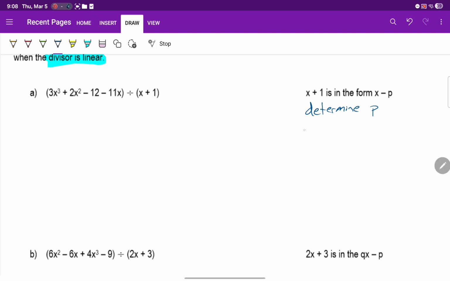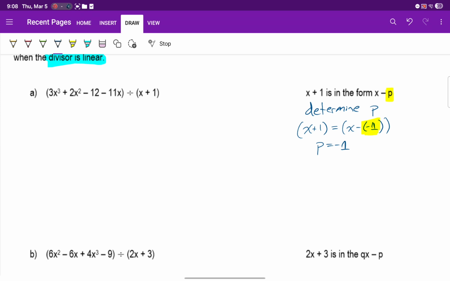So if I write x plus 1, this is the same as x minus negative 1, which means that p is equal to negative 1. Think x-intercept: what would the x-intercept of that factor be? It would be negative 1, because subbing negative 1 into that gives me 0. So this is our first one.